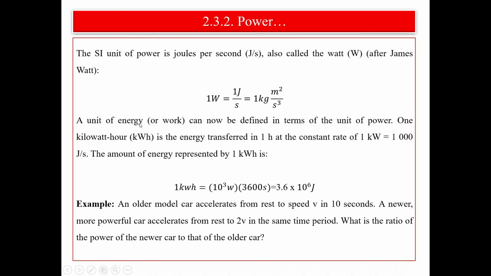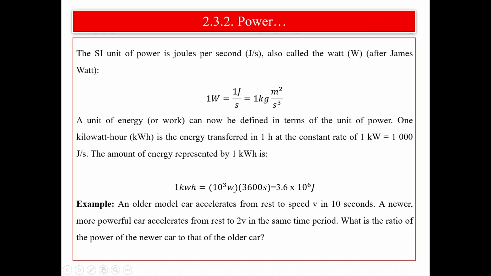So a unit of energy or work can now be defined in terms of the unit of power. 1 kilowatt hour is the energy transferred in 1 hour at a constant rate of 1 kilowatt. So 1 kilowatt is 1000 joule per second. The amount of energy represented by 1 kilowatt hour is equal to 10 raised to the power of 3.